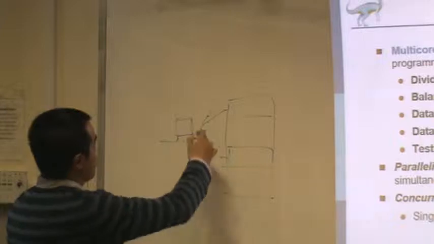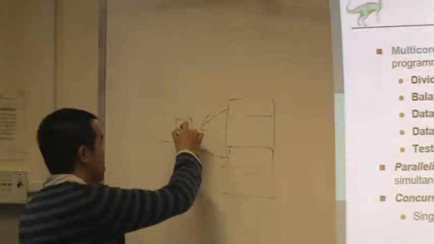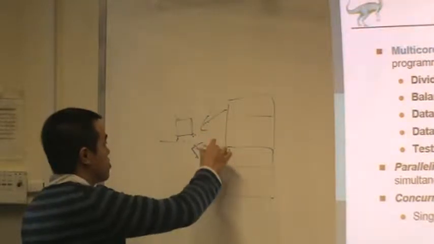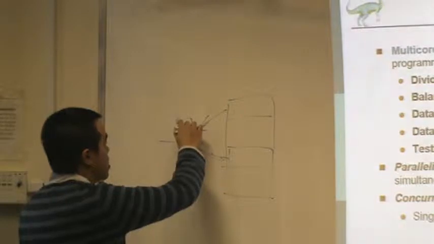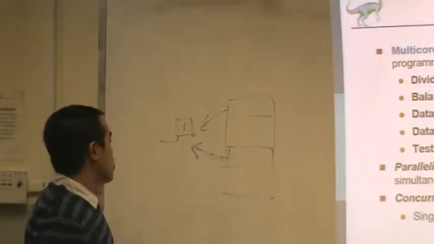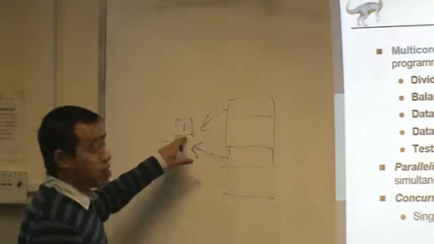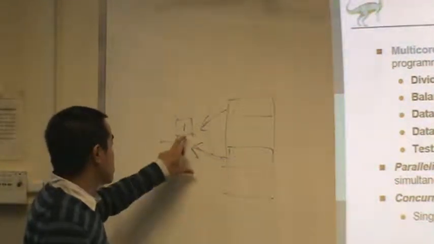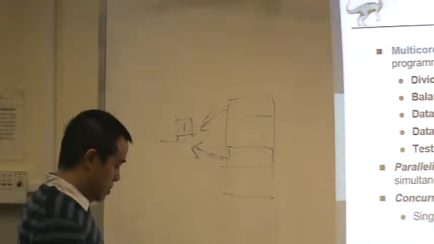We want this thread to use the data after the other thread, but the other thread is changing it. So we don't know. If this thread wants the data to be 0, but it was changed to 1, it doesn't make any sense.